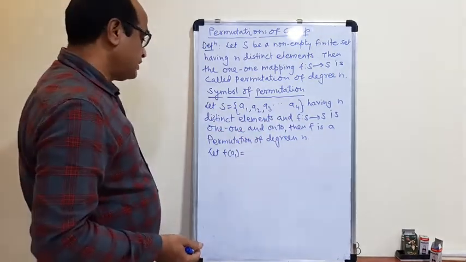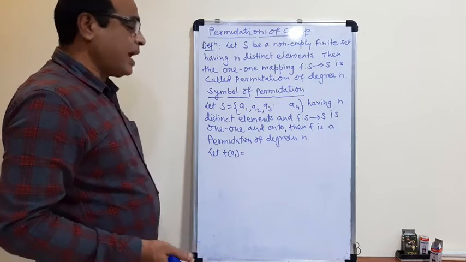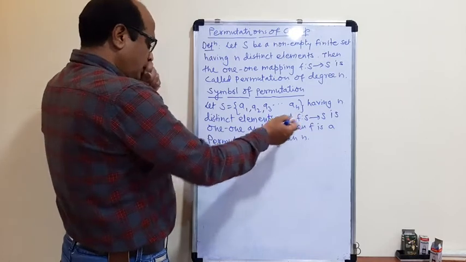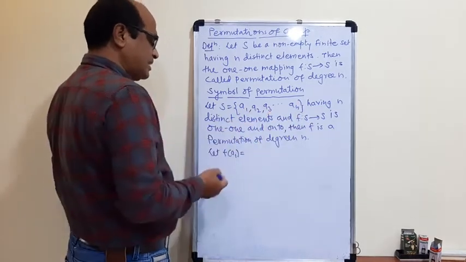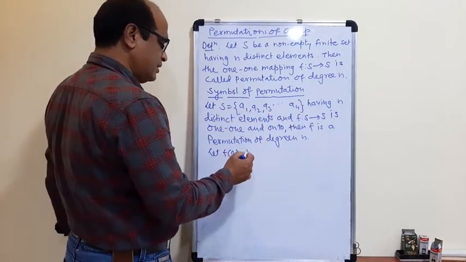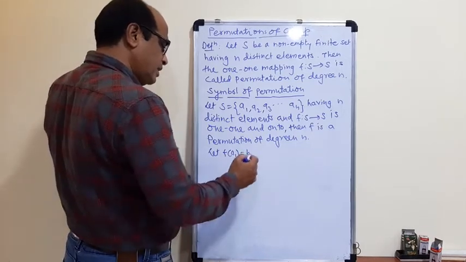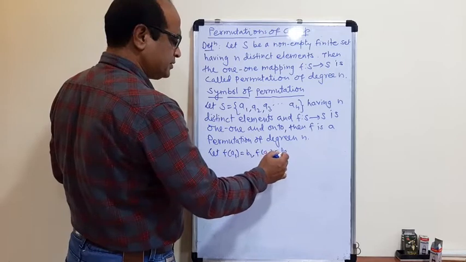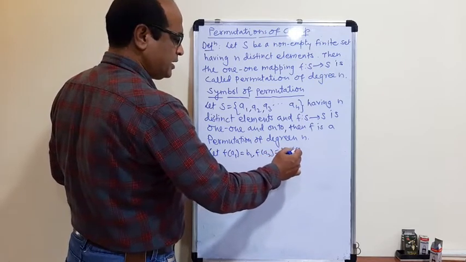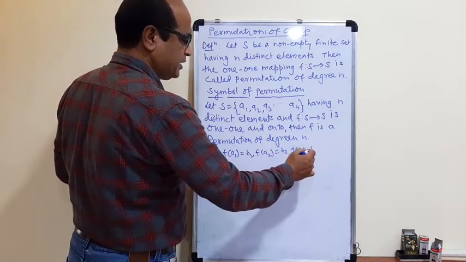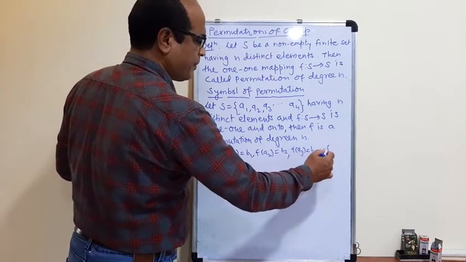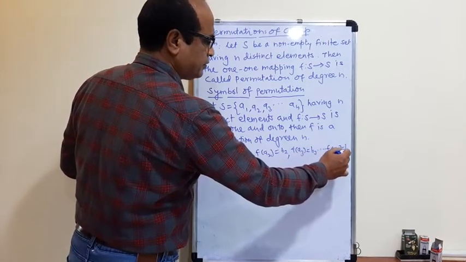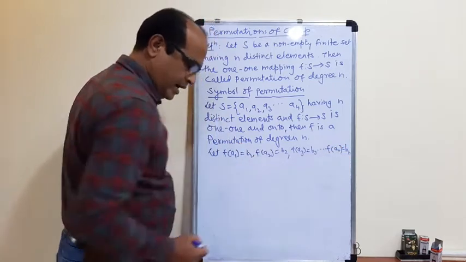The function is defined like that. a1 is an element from this S. So F of a1 is b1, F of a2 is b2, F of a3 is b3, and so on, F of an is equal to bn.